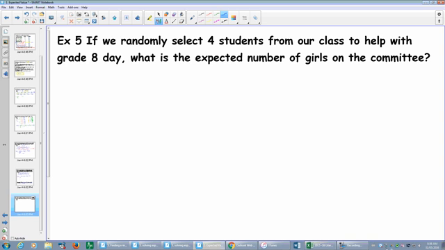Okay, our last example for the day. It says, if we randomly select 4 students from our class to help with grade 8 day, what is the expected number of girls on the committee? Well, how many girls do we have in this class? 1, 2, 3.